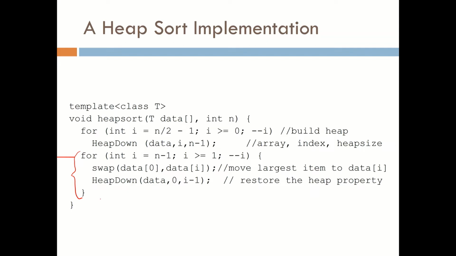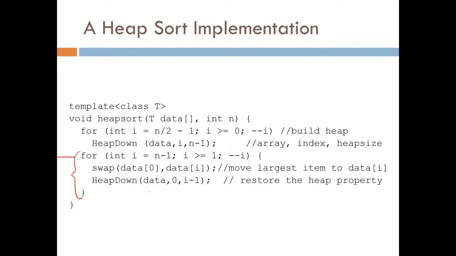That's because of this heap down that's happening in possibly all n cases. If you'll remember, the heap is a complete binary tree. And as a complete binary tree, the height of that tree is log of n.